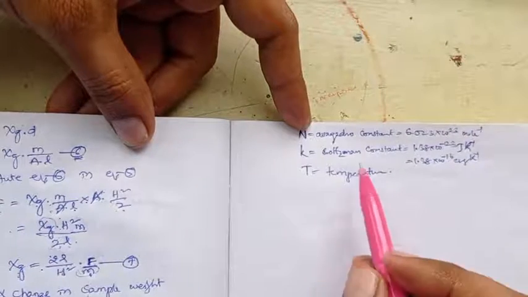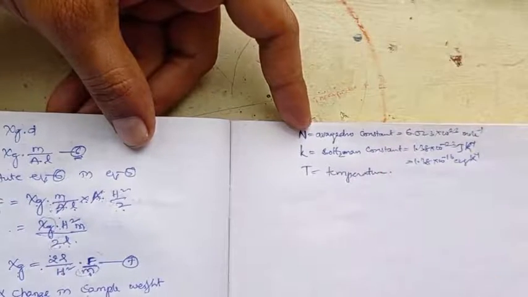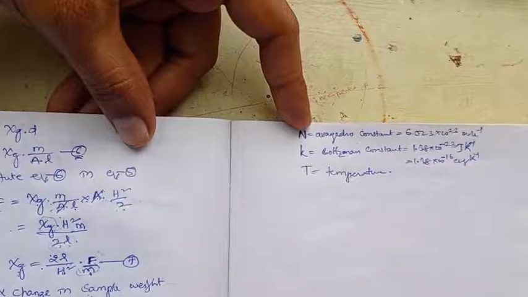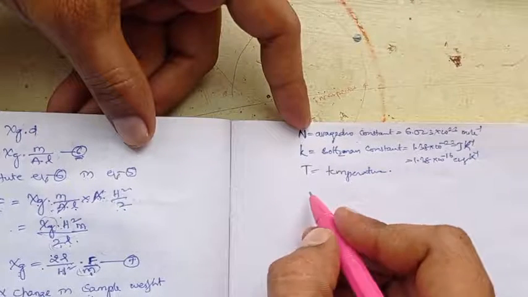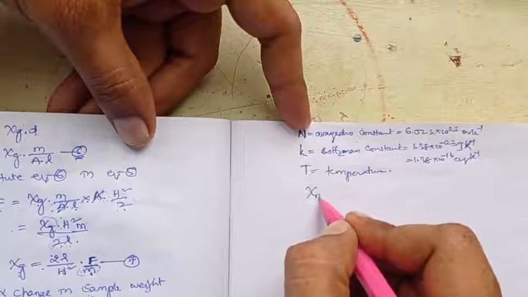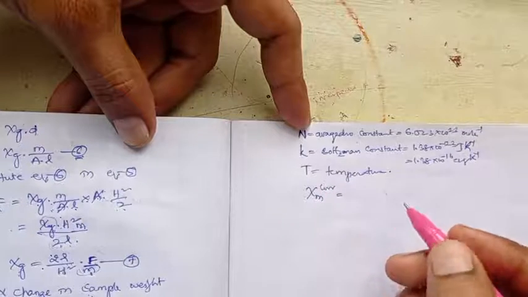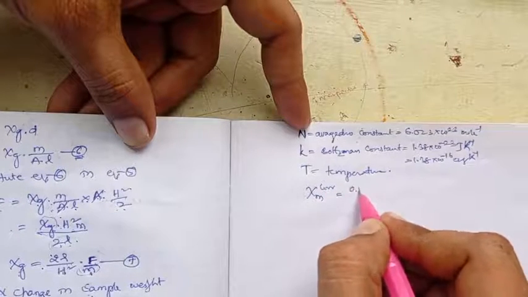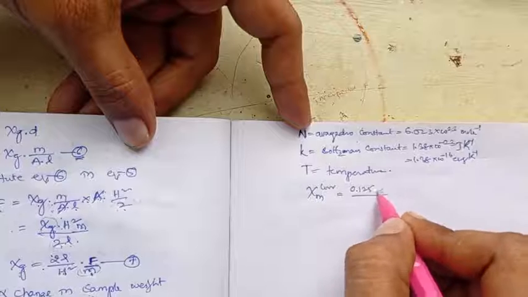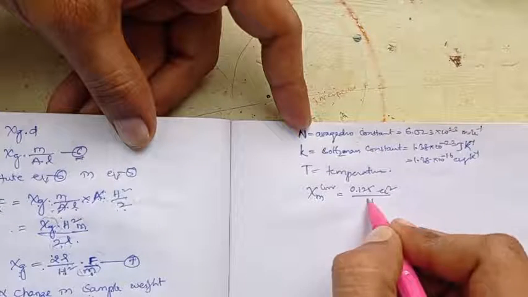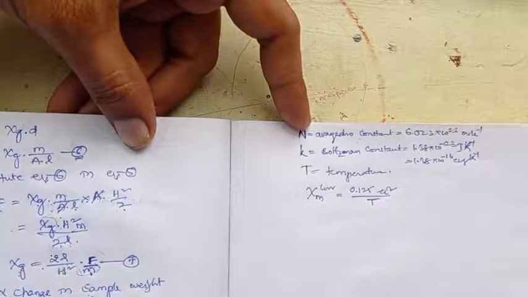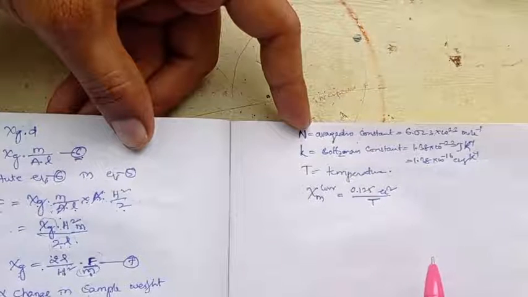When we substitute these constant values in the last equation number 8, the corrected molar susceptibility is equal to 0.125 mu square by T.